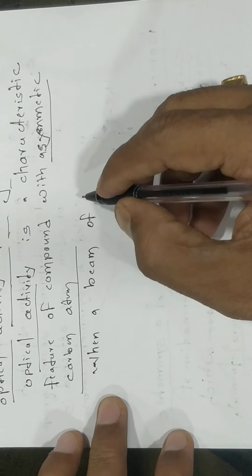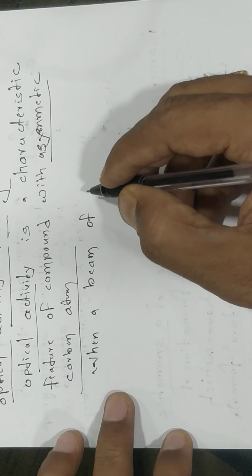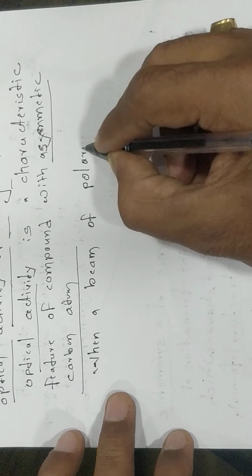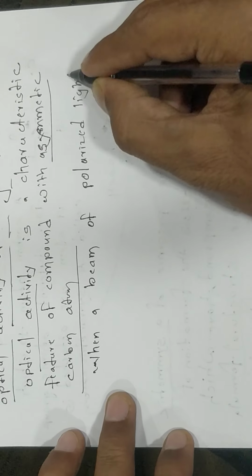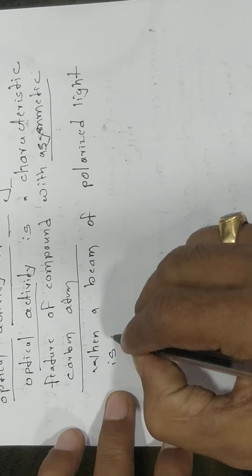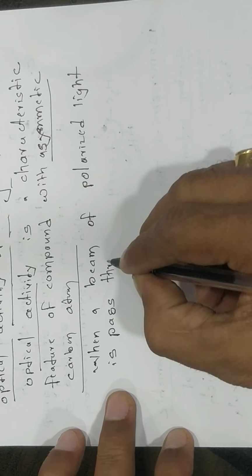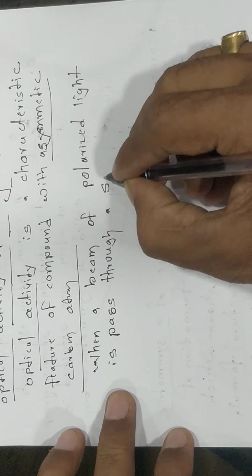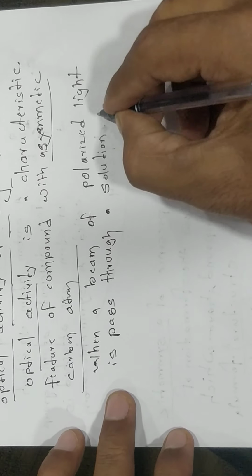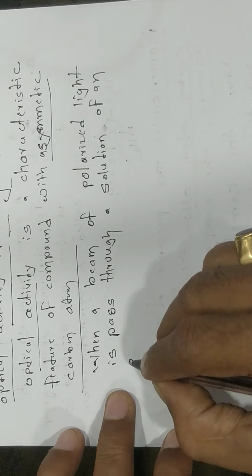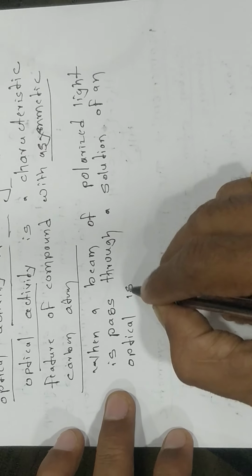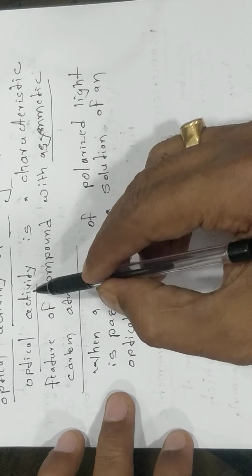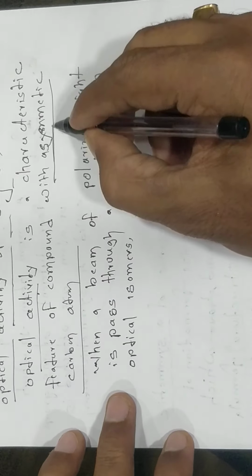When a beam of polarized light in a polarimeter is passed through a solution of optical isomers, the compound shows optical activity.